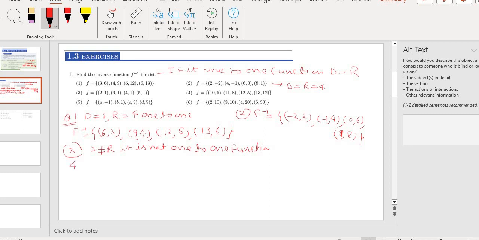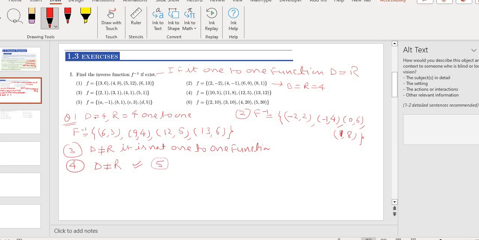Question number 4. The second elements are 5, 8, 5, so question number 4 also has domain not equal to range, so it is not one-to-one, and there is no inverse for question number 4 either.